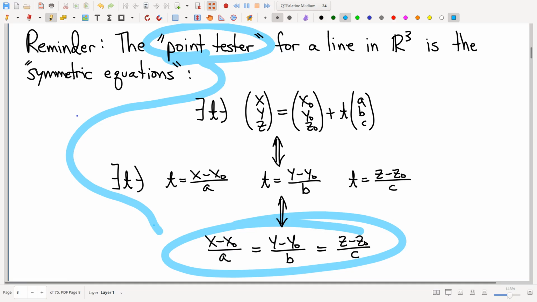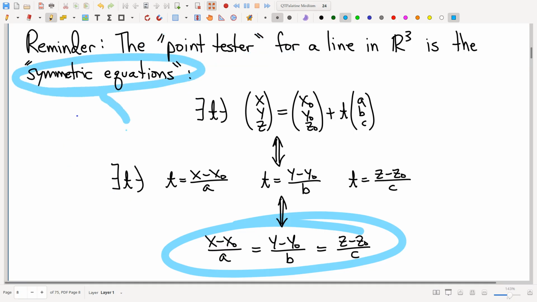And that means there is no value of t that generates that point. So, a lovely little observation, a cute little bit of algebra to do it. And by the way, this resulting collection of equations is called the symmetric equations. This is terminology. Everybody buying it?